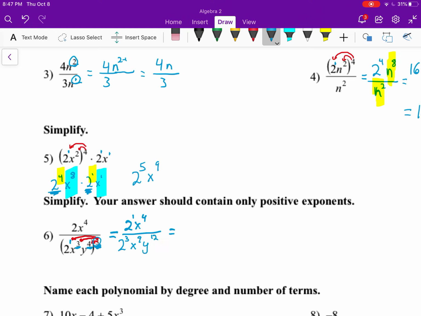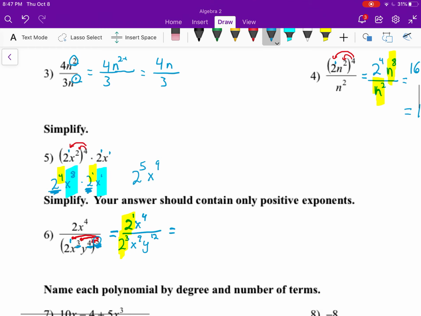Well, we're going to keep going. We have 2 to a power, and this is division. So I'm going to do it just using our rules. There are a few other ways to think through it, but just using our rules, this will be 2 to the 1 minus 3, because we're dividing, so we subtract.